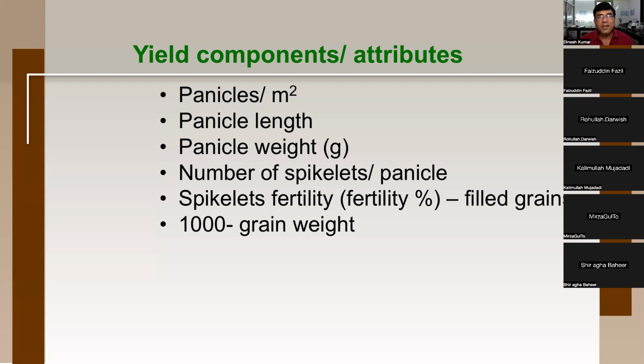So these are the yield attributes in pulses. In cereals, yield attributes are before you. The same yield attributes are there in barley, wheat, rice, or even oats.